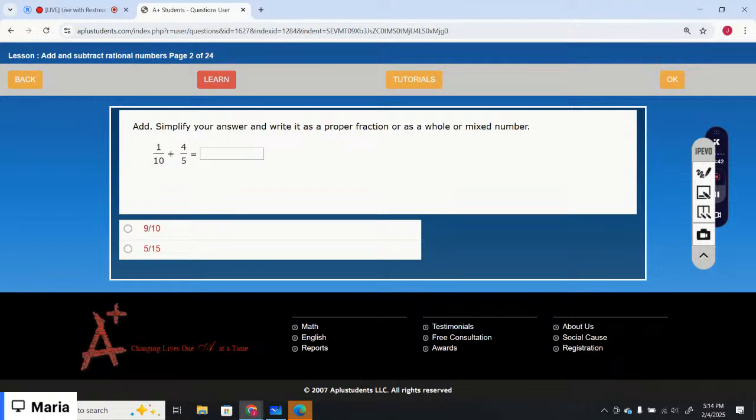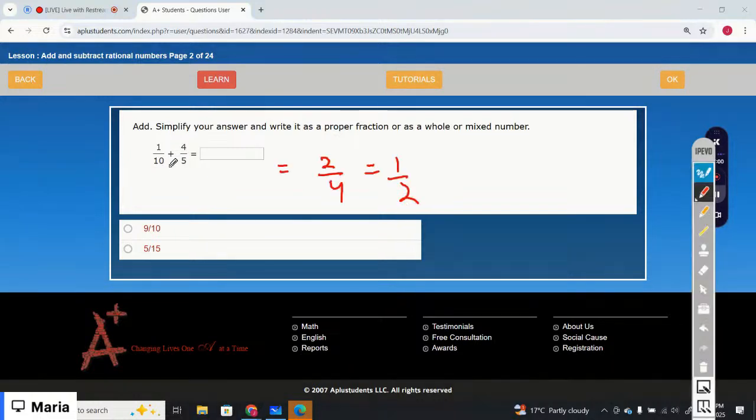1 by 10 plus 4 by 5, which is the correct option? You have to make the denominator the same first. That is 1 by 10 plus 4 times 2 divided by 5 times 2. That is 1 by 10 plus 8 over 10.